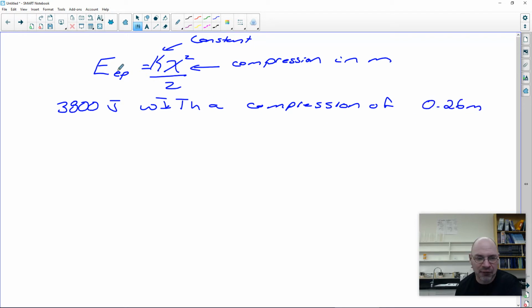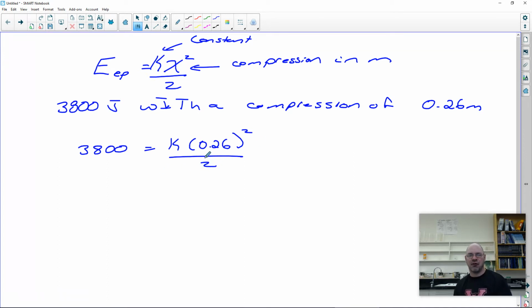So all you would do is, this is where your joules go, 3800 joules. In the EEP, your K stays blank. Your X becomes this 0.26 squared over 2. Okay, so then you have to solve for the K here.